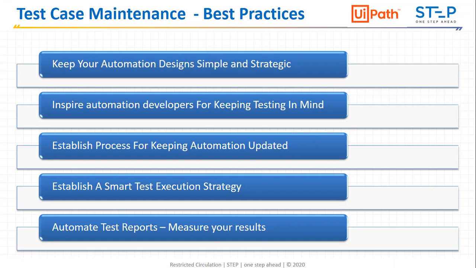While doing the test execution, we should remember that business impacted functionality, or highly financial or business related functionality, needs to be executed at the start, and after that you keep the test cases which are less impacted by the business. According to that, the approach or strategy needs to be defined and followed. So that is also the best practice for test case maintenance.